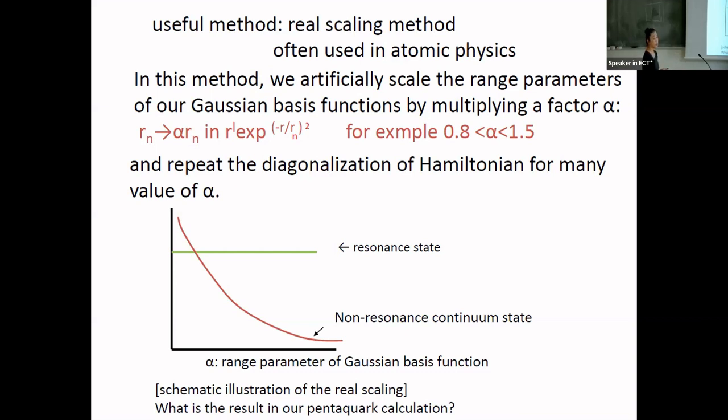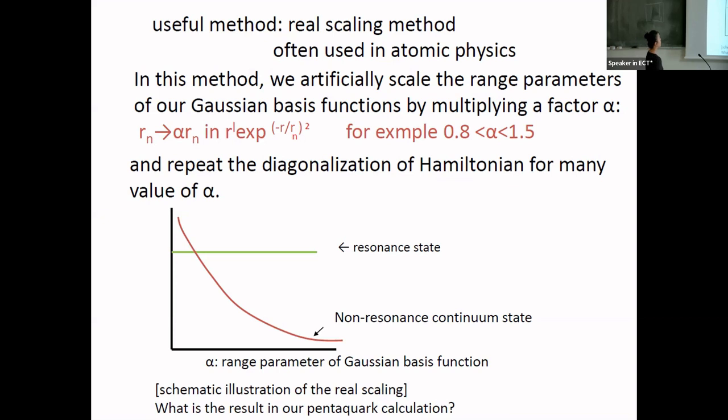In this method, we artificially scale the range parameter of our Gaussian basis functions by multiplying by a factor, in this case scaling the range parameter by alpha. For example, we take this scaling parameter alpha from 0.8 to 1.5 and repeat the diagonalization of the Hamiltonian for many values of alpha.